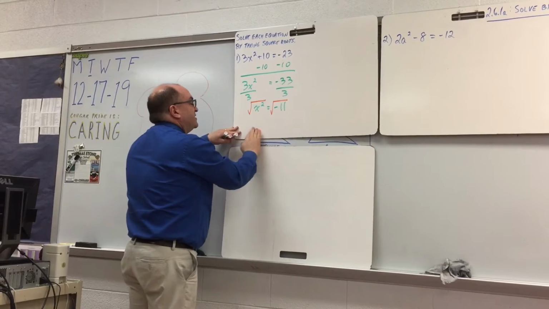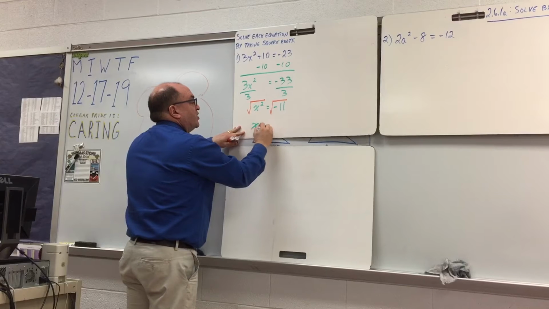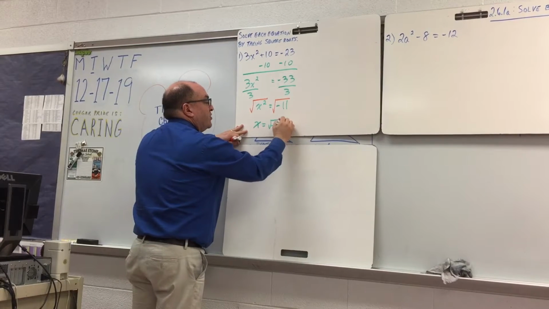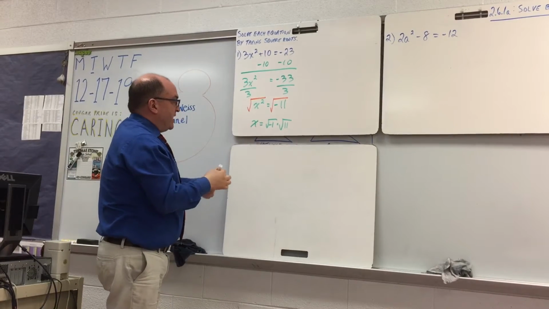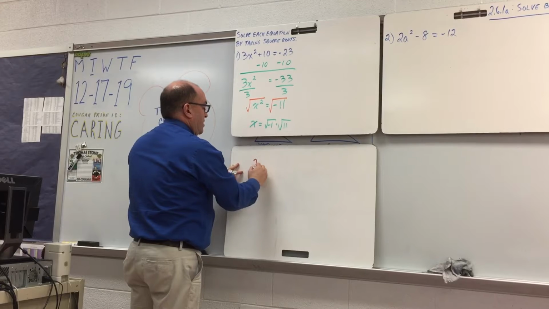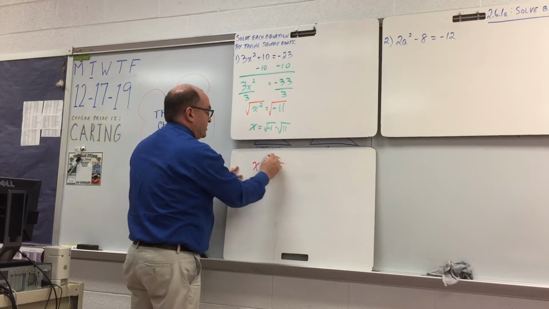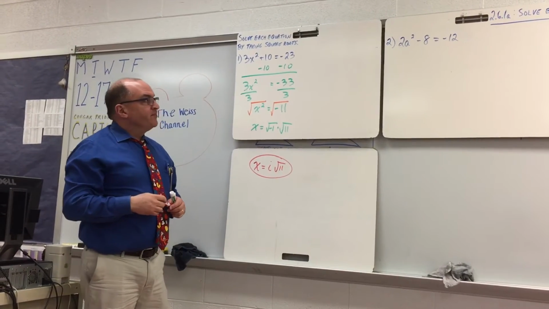I'm going to say this is the same as the square root of negative 1 times the square root of 11. Okay? So that makes your answer i square root of 11. And we just leave it like that. That is your answer. Okay?